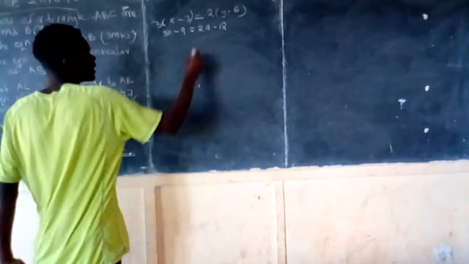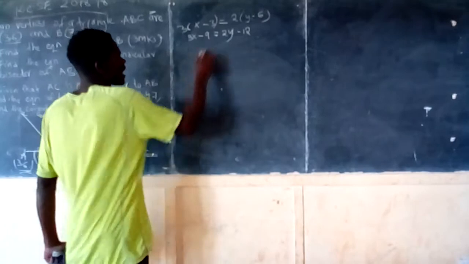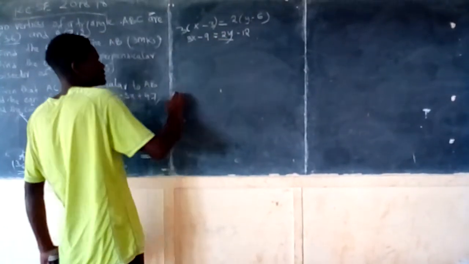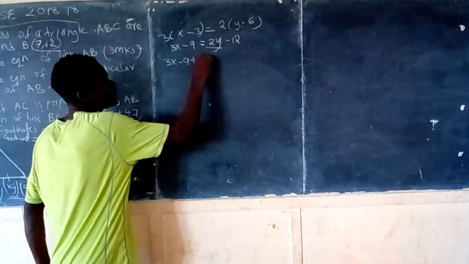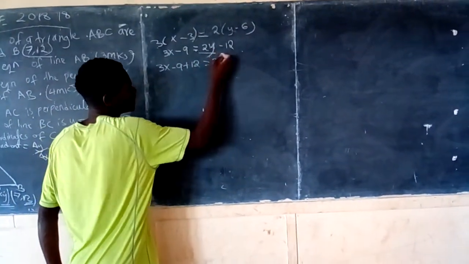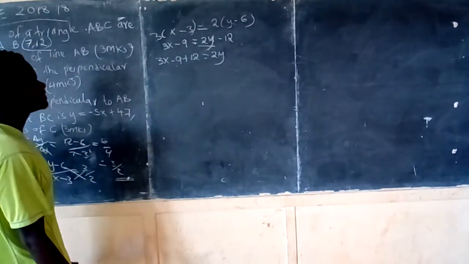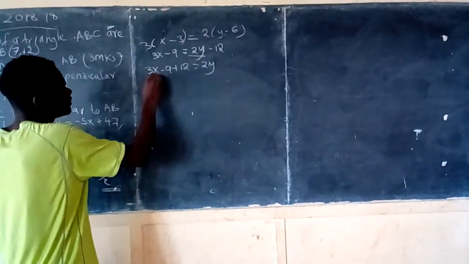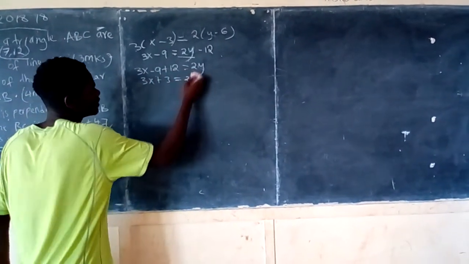Then collecting like terms, I leave 2y on the one side and this one comes this way. I have 3x minus 9 plus 12 is equal to 2y. Then minus 9 plus 12 is plus 3. Now 3x plus 3 is equal to 2y.